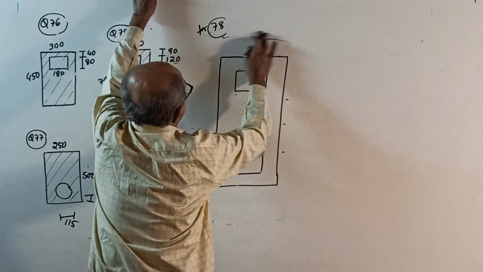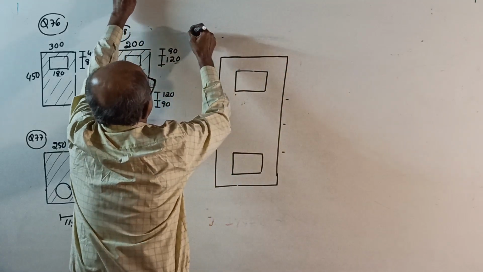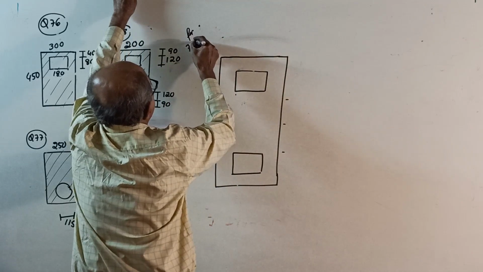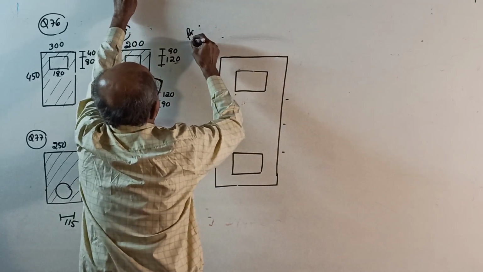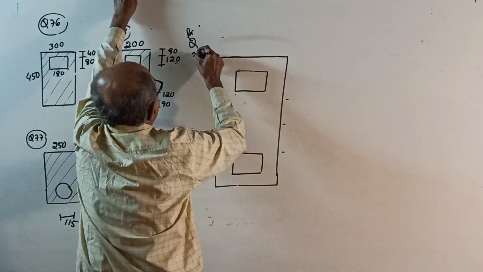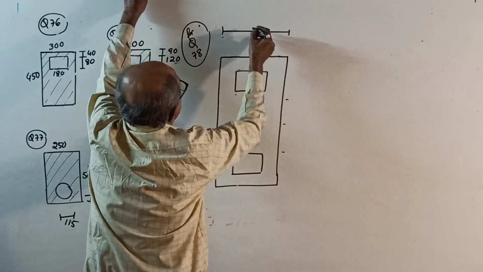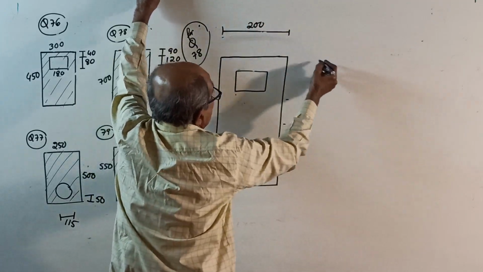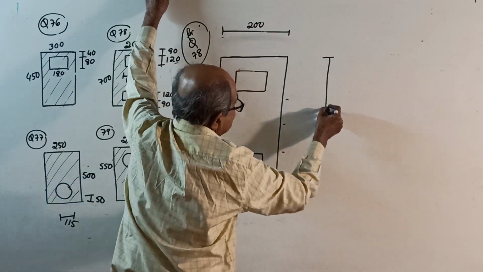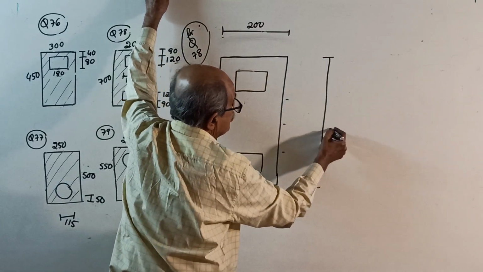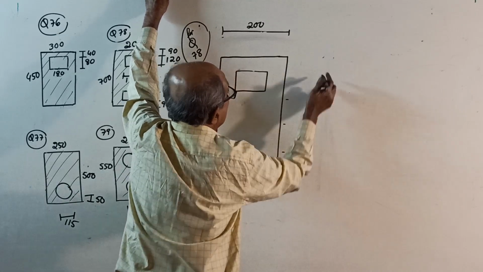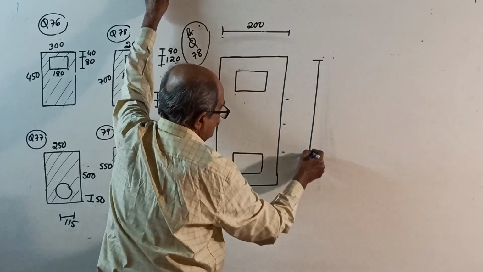See, I'll do one thing here. This is for question 78. This full is how much? Full is 200. Total is 700. A little this side, a space problem will come. 700.